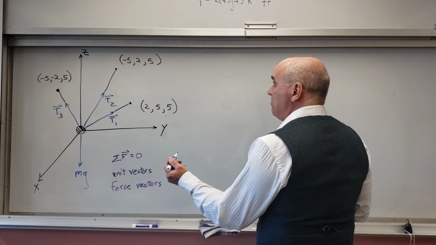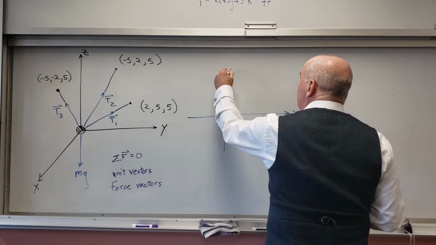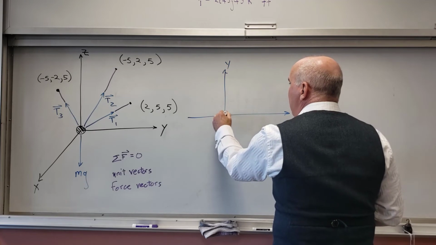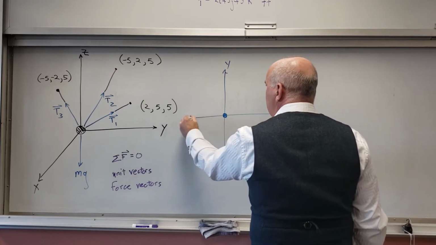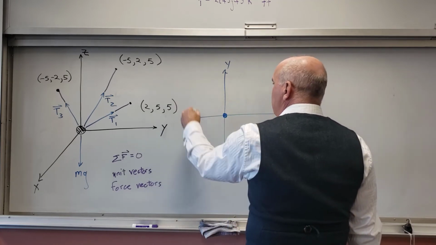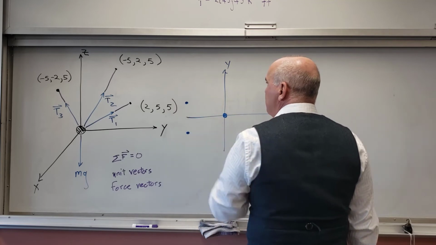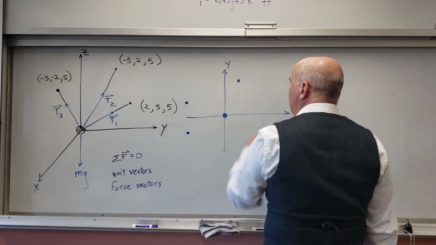Granted, this is at z equal to 5, right? But here's x, here's y, here's the mass hanging there. So I've got one at -5, -2, that's about right there. This one's at -5, +2, so that's about there. And this one's at 2, 5, which is about here.